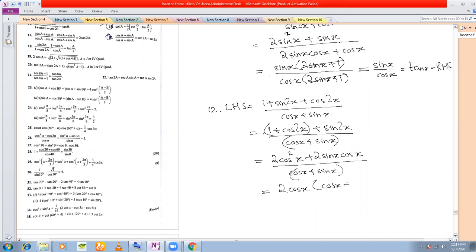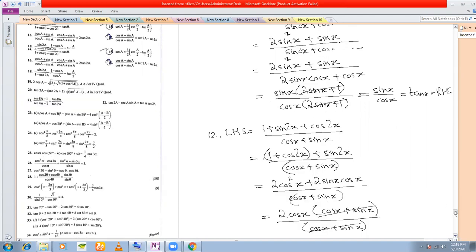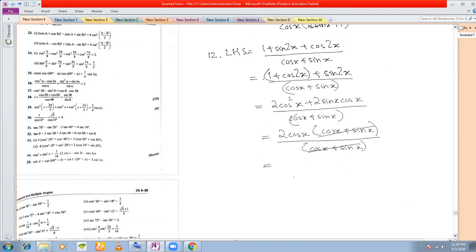You're left with cos x plus sin x, and in the denominator you have cos x plus sin x. So these two cancel out. And you have to prove this equal to 2 cos x, right? Yes. So we get 2 cos x, which is equal to your right hand side. Okay.